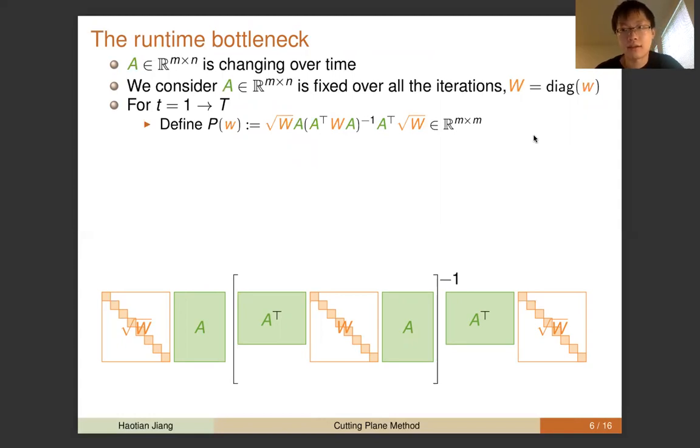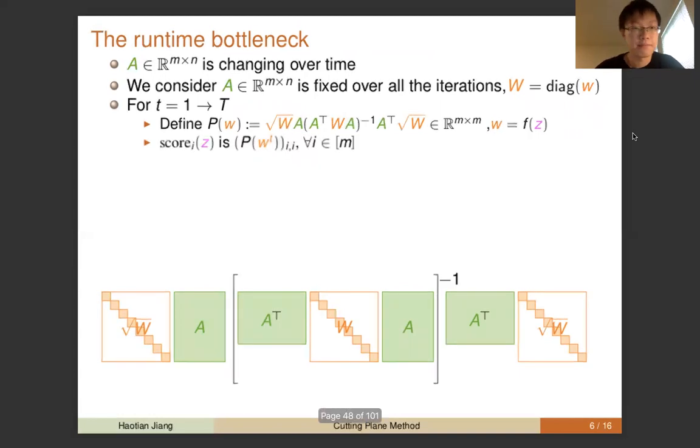Roughly, the size of the matrices for this projection matrix is illustrated in the following picture. And W here is some function of the center Z. Roughly, it depends on the slack of the constraints with respect to the center Z. So the score i of Z is just the ith diagonal entry of P_W.